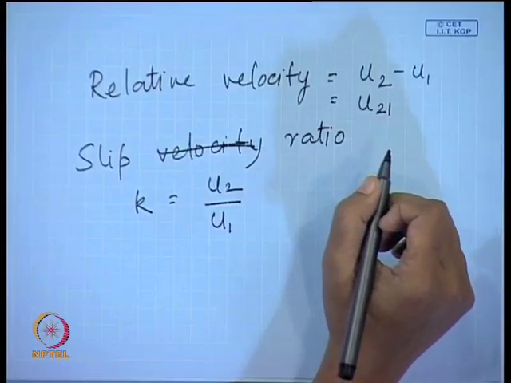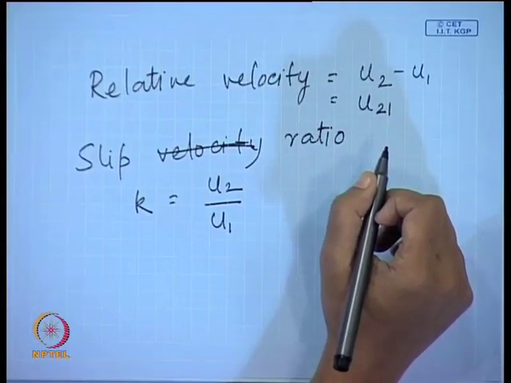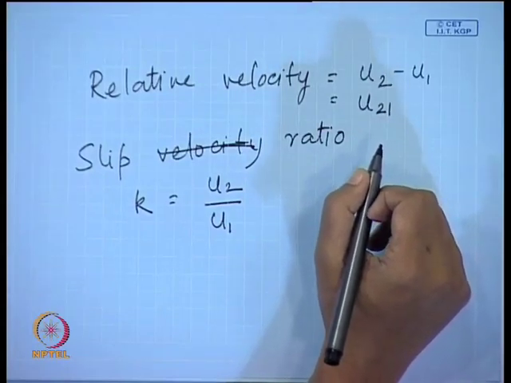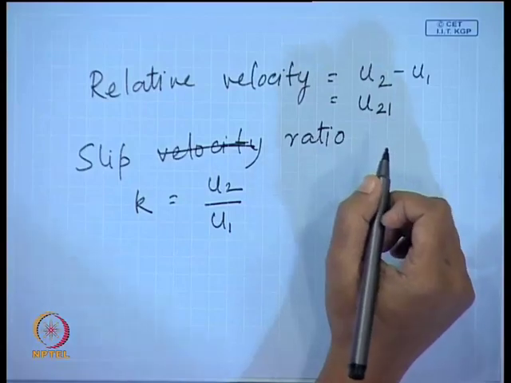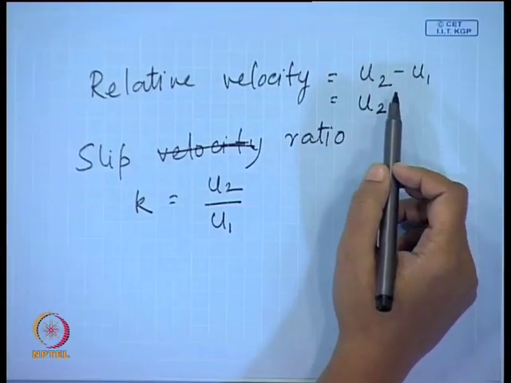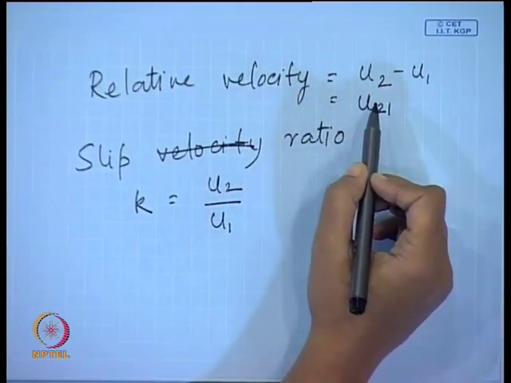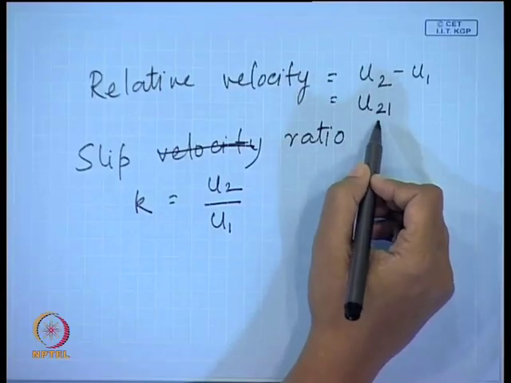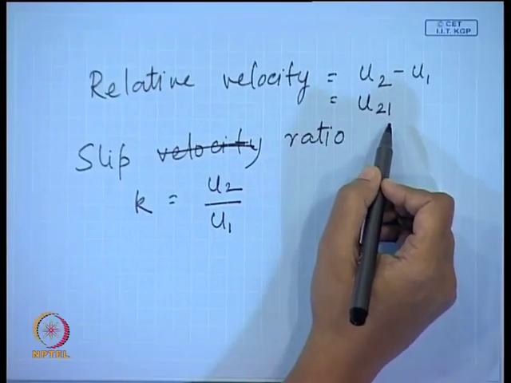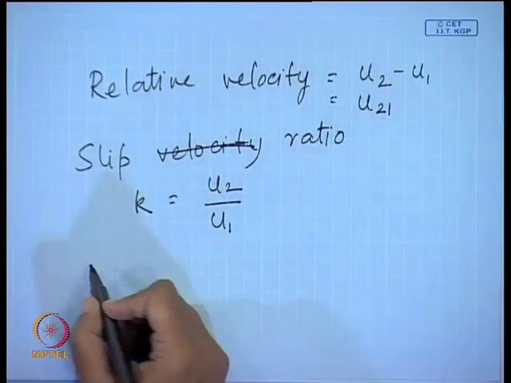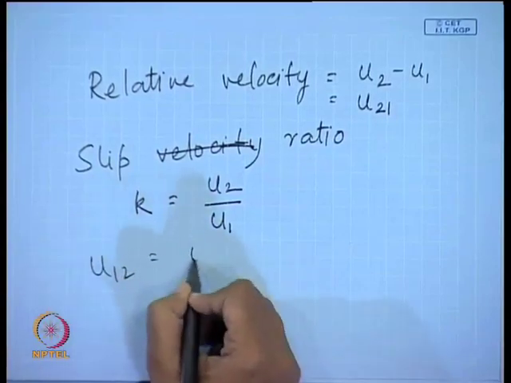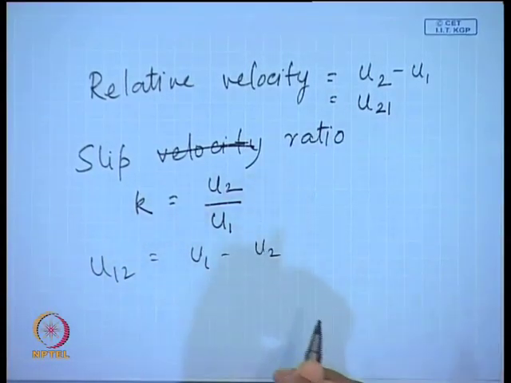There is one very important thing which I would like to point out at this juncture. Just note, when you refer to relative velocity, u21 is u2 minus u1. If we define it as u12, this will be u1 minus u2.